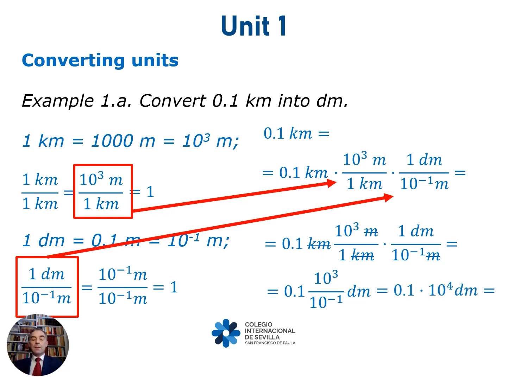Rearranging that, again, we obtain that it is 0.1 times 10 to the fourth, which is 10 to the third decimeters. So 0.1 kilometers equals 10 to the third, 1,000 decimeters.